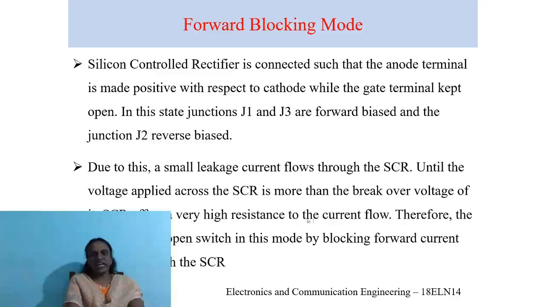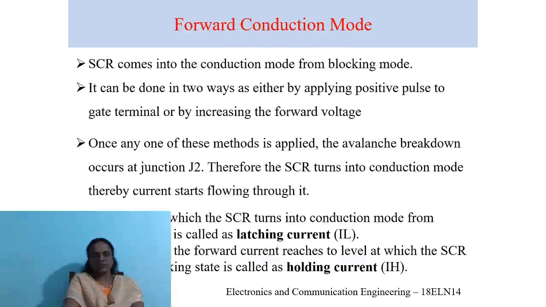SCR offers a very high resistance to the current flow. Hence, in this particular mode, the SCR will act as an open switch, blocking forward current flowing through the SCR, and it is hence known as forward blocking mode.